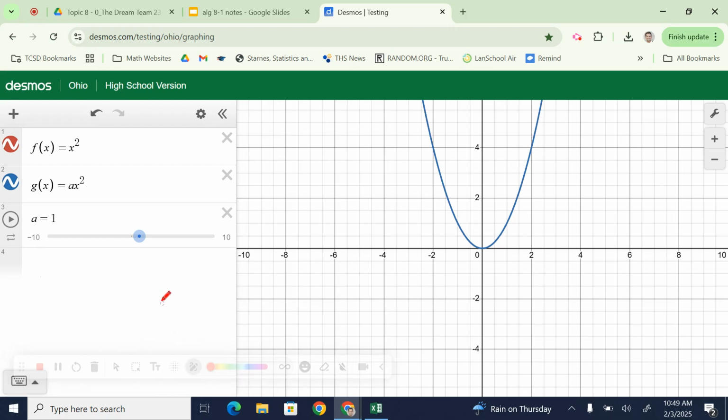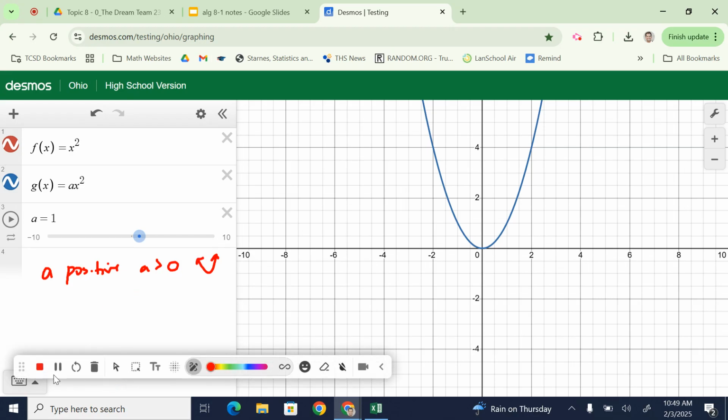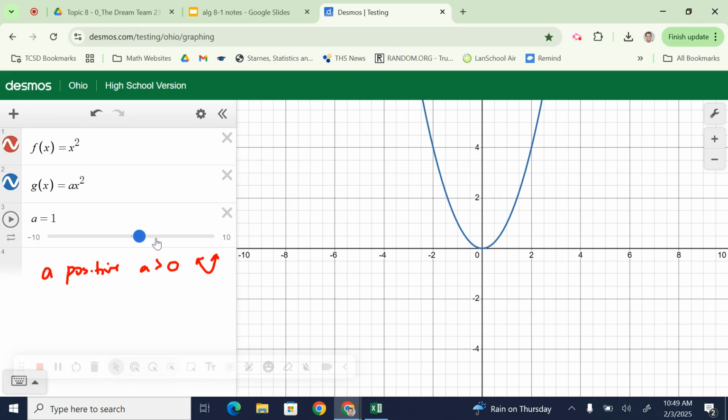So as long as a is positive, which means a is greater than 0, your parabola is going to open up. So what I'm going to do is slide this slider to the right towards positive 10. And notice my blue graph is always opening up.